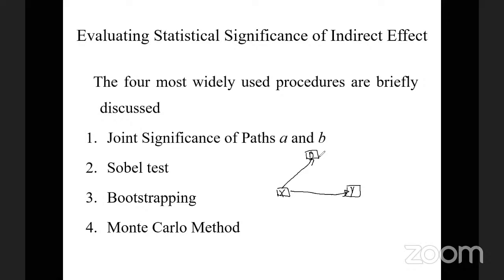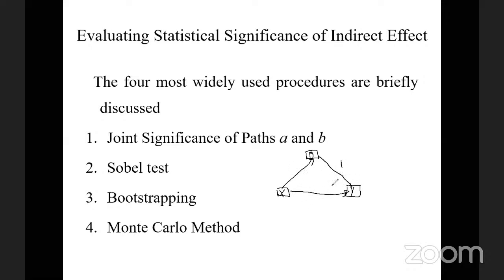Third stage, this should be a significant p value. And in the fourth case, we take x and m simultaneously and then find the relationship with y. If x and y are insignificant, then it is complete mediation. If the relationship between x and y is still significant, it is partial mediation.